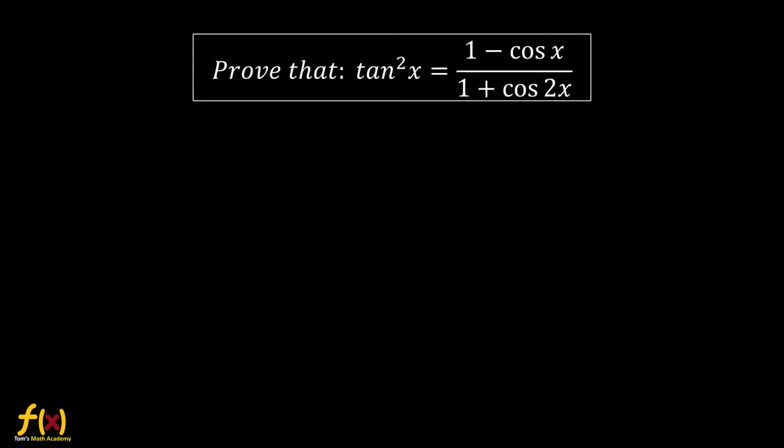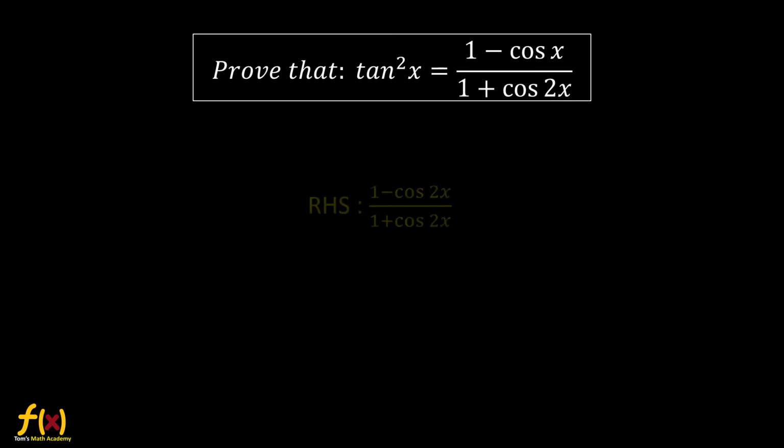Prove that tan square x equals 1 minus cos 2x over 1 plus cos 2x. Now in this question, if we choose the left hand side, we don't think that we can proceed further. So what we do, we begin from the right hand side.